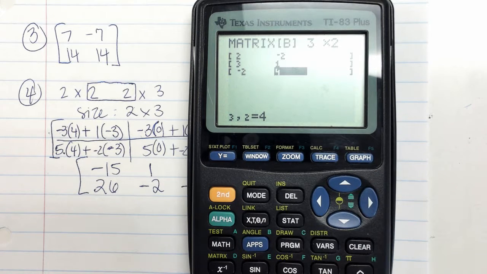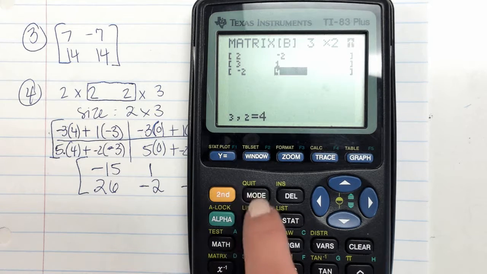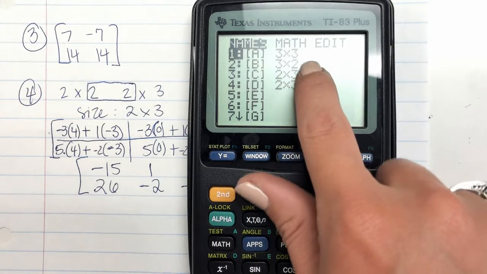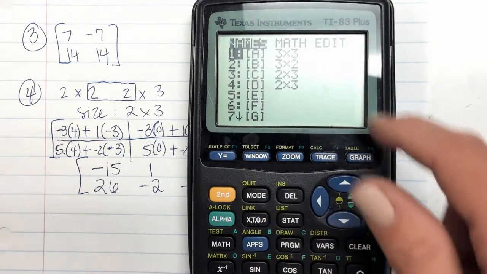Hit second matrix. Go over to edit. Go down to B, then hit enter. Alright, everybody else done with that part? Alright, hit second, quit, the button that's right beside it. You should see a blank screen. Go to second matrix. And now don't go over to edit, leave it where the names are, because now you're going to select it.